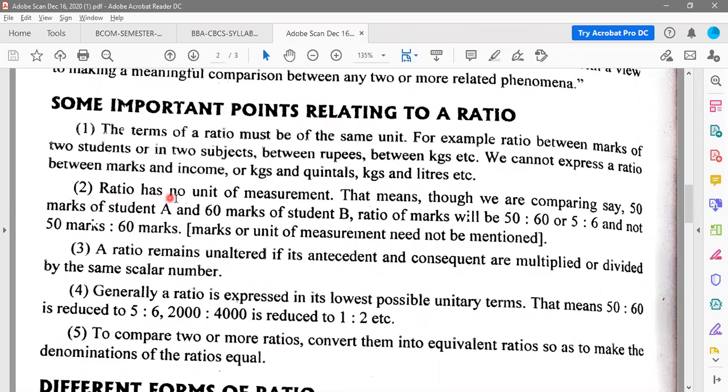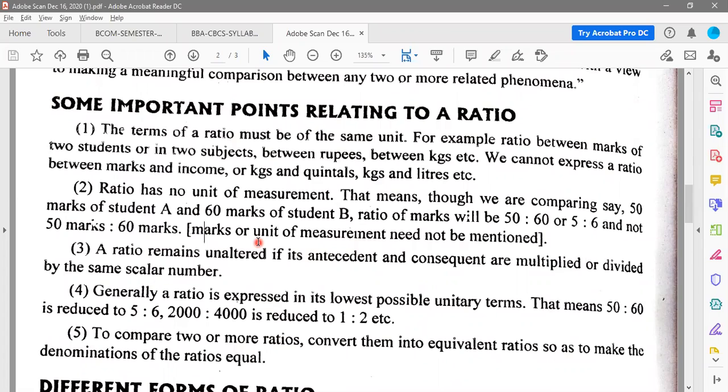Then, a ratio has no unit of measurement. As in the example given, 50 marks, 60 marks, the word marks is not required to be written. Kgs, hours, you need not write the unit of measurement. If you just write the ratio 50 is to 60, 2 is to 1, 5 is to 4, 8 is to 9, just writing the numbers is enough.